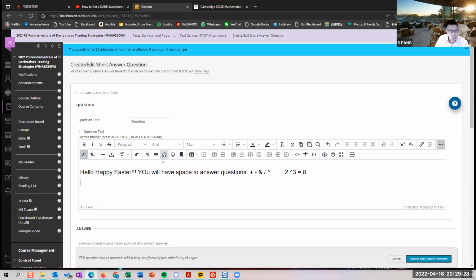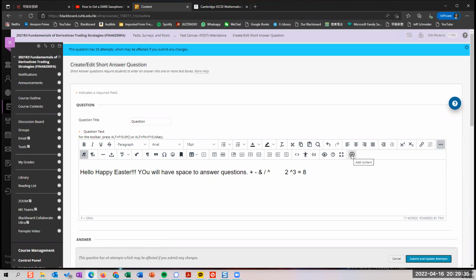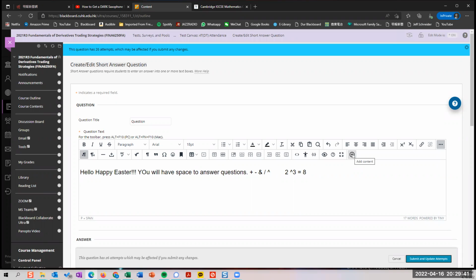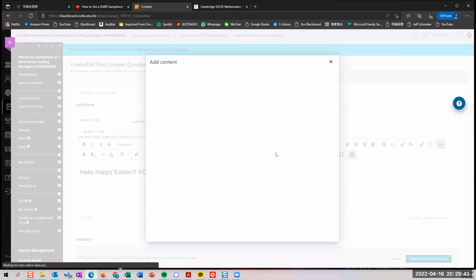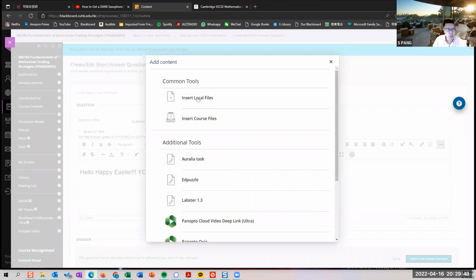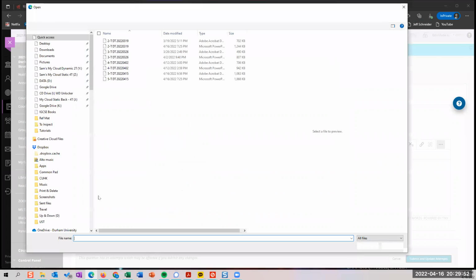The answer to your question, Wan Jie, is you need to come here. See, there's a little icon that says add content. Can you see that? Yes. Now, if I click on this, and then I'm going to say insert local files.